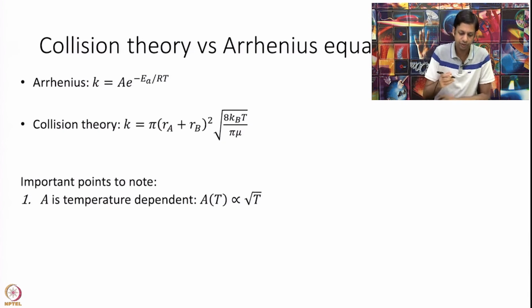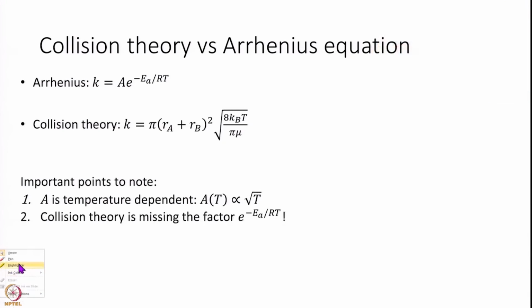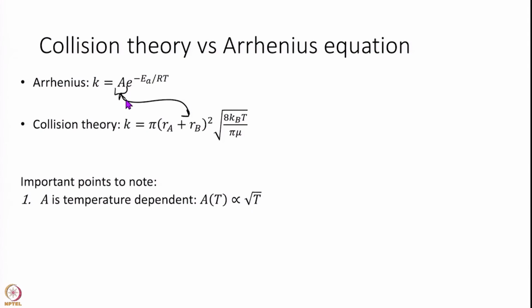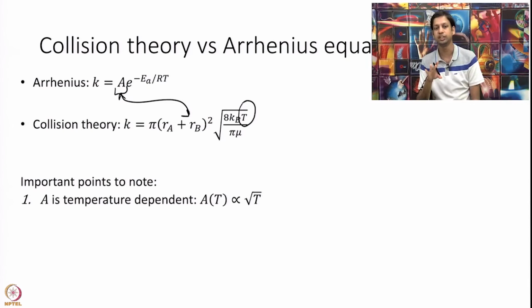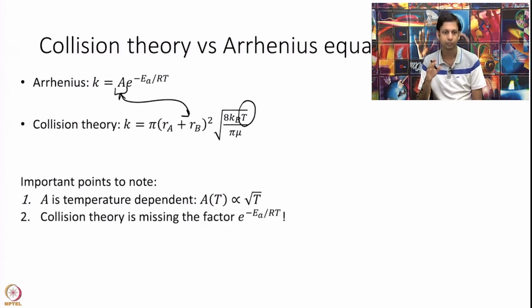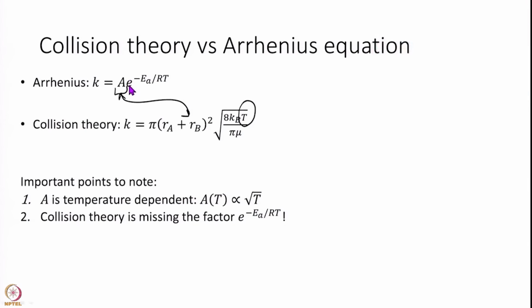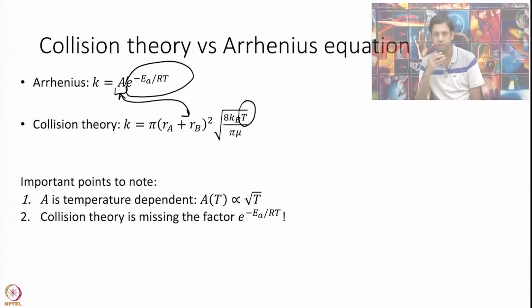A few important points to note. First, we are basically relating this A with this quantity. The first thing to note is that A has this temperature dependence here. So, A is proportional to root T. That is point number 1. Second, which is the more important point, the collision theory so far is missing a critical factor, this exponential. This exponential is the critical part.